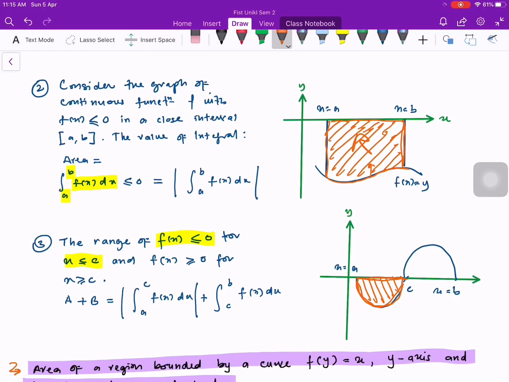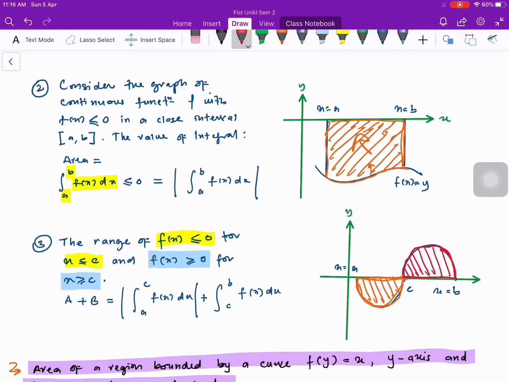Then we have f(x) is greater than or equal to 0 for x greater than c. So we also have this part, f(x) also with x-axis, but this time f(x) is greater than or equal to 0 for x greater than or equal to c. So this is actually the region that we're looking for.